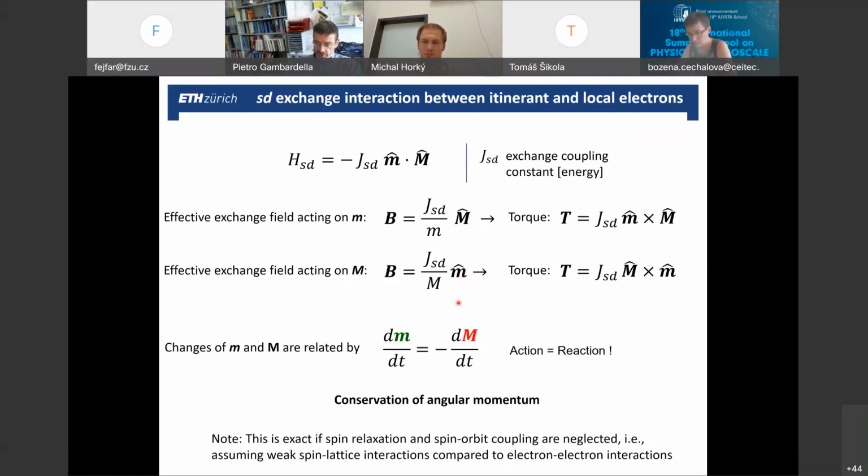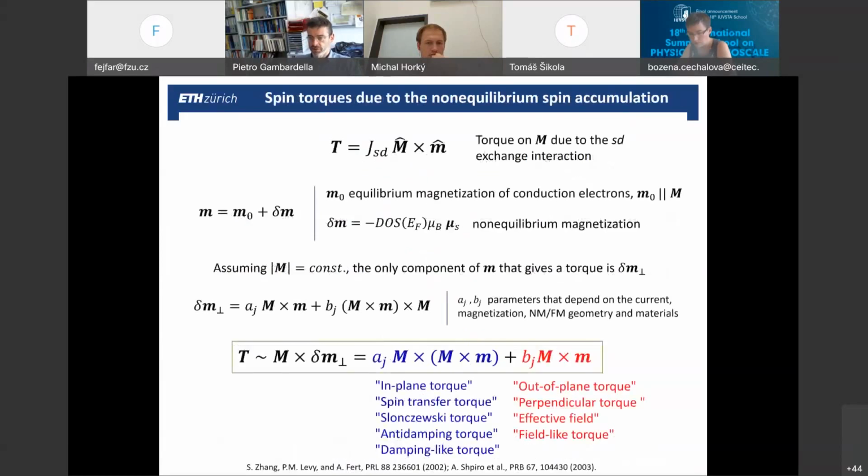So you have essentially a mutual interaction between this non-equilibrium and equilibrium magnetizations, and the change of one is equal to minus the change of the other due to conservation of angular momentum. So that means we can exert a torque onto the magnetization of the ferromagnet by injecting a spin current that generates a non-equilibrium magnetization inside the magnet.